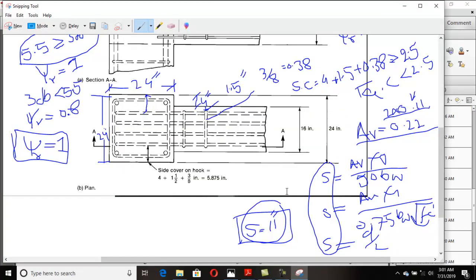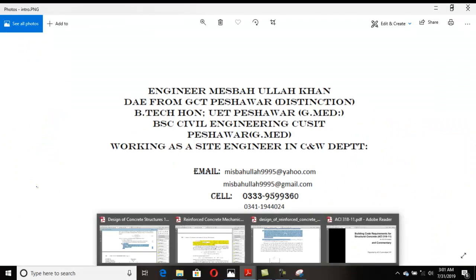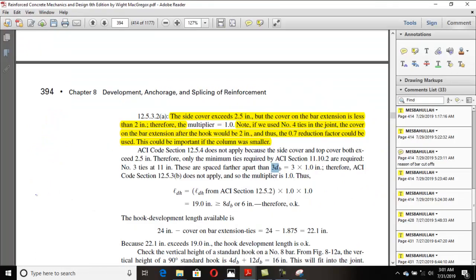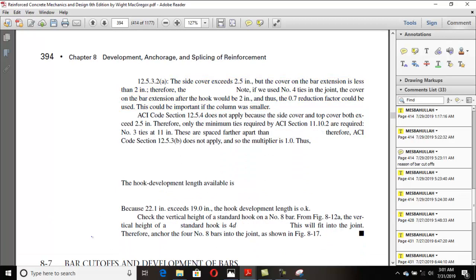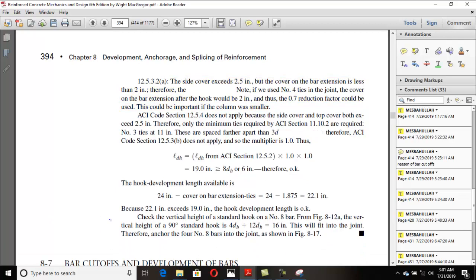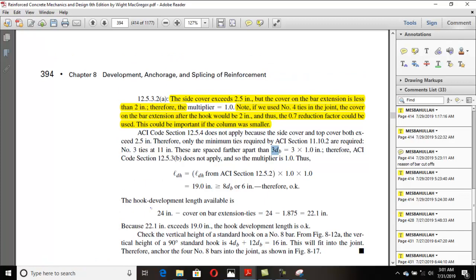Okay, your diameter of the bar is number 8. So your bar diameter is number 8.